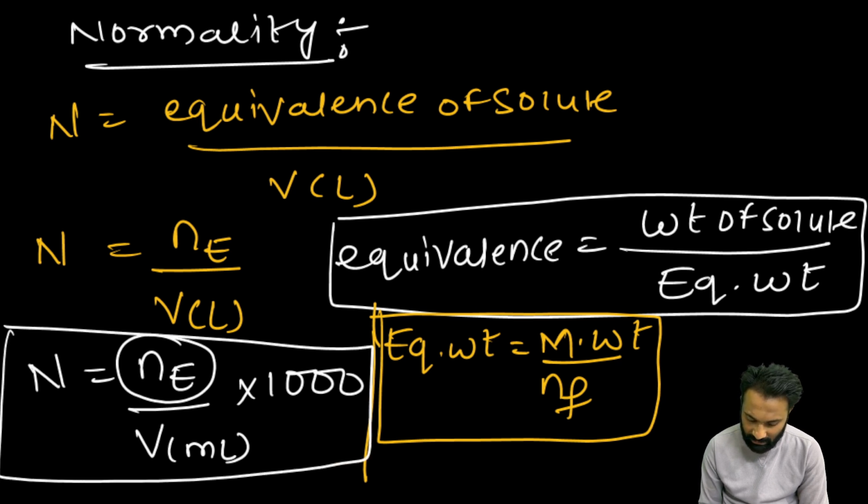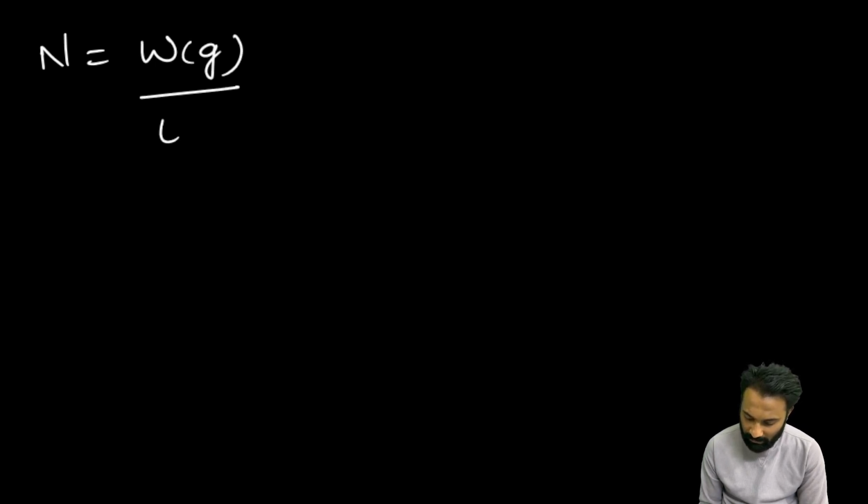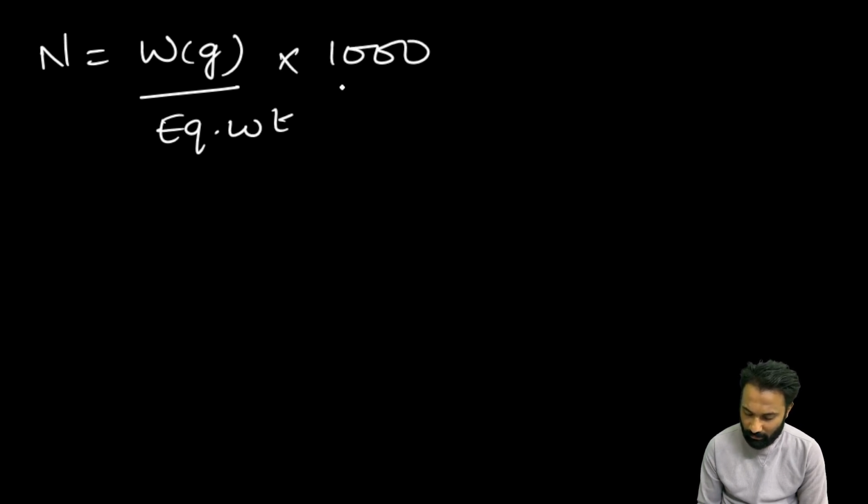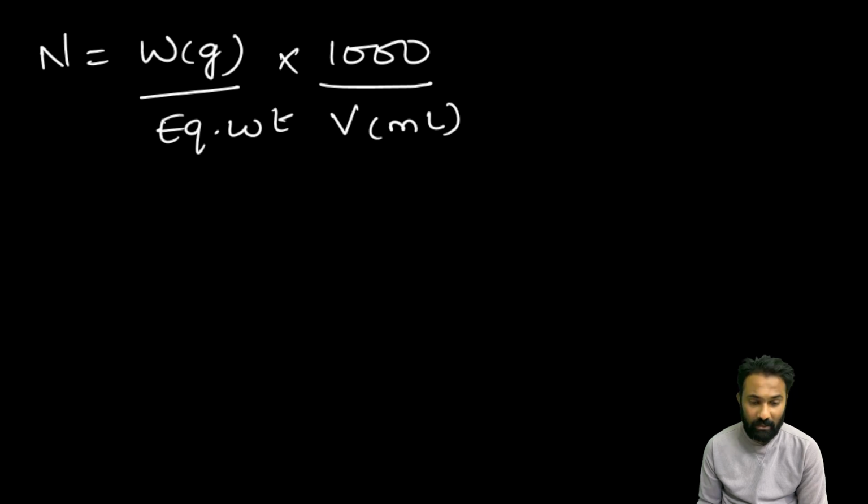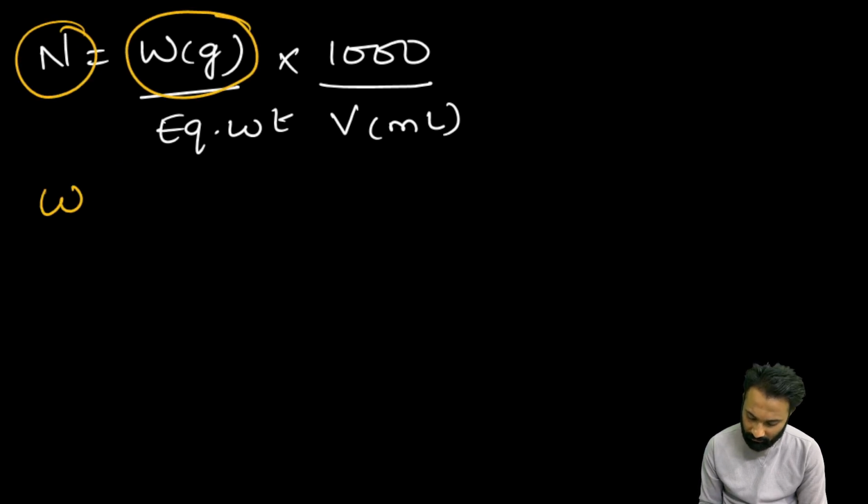First, N is equal to weight of solute by equivalent weight into 1000 by V mL. Now if they have given the normality and ask for the weight of the solute, how do we interconvert?